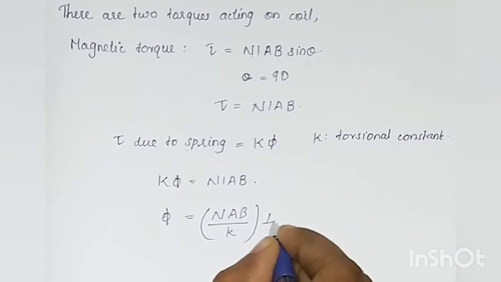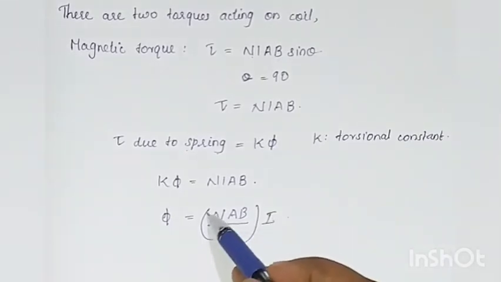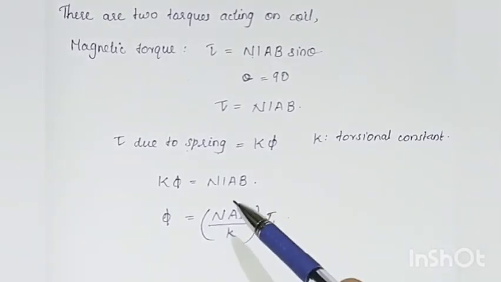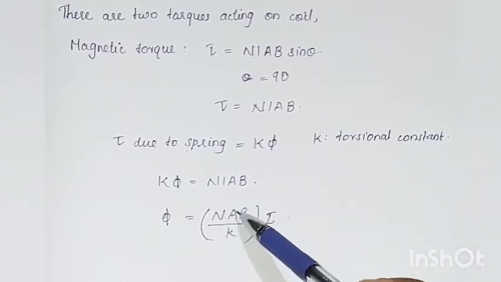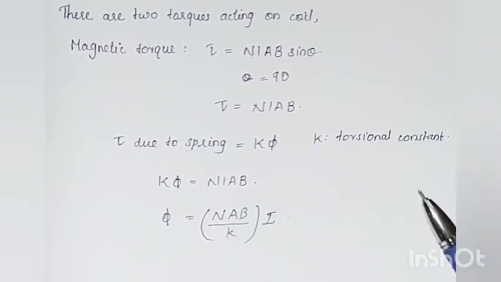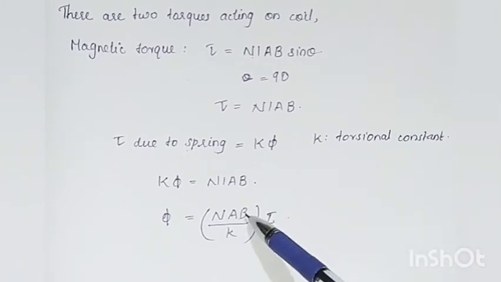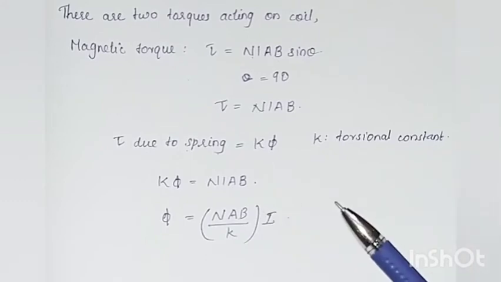Here we can see the terms in the bracket are constant, which is the number of turns N, it is a constant, and the area of the coil, that is again a constant, and the uniform magnetic field provided will be a constant, and the torsional constant.